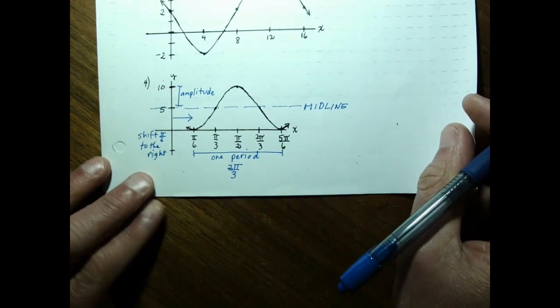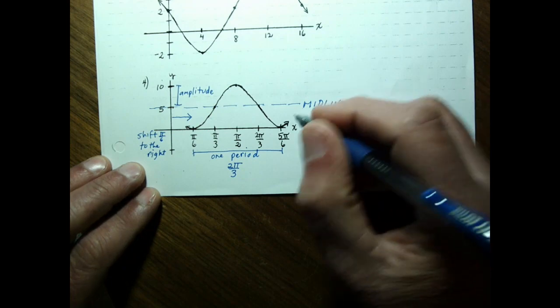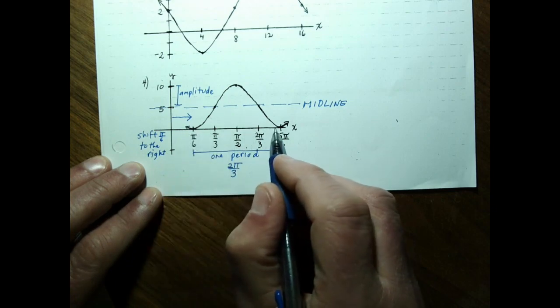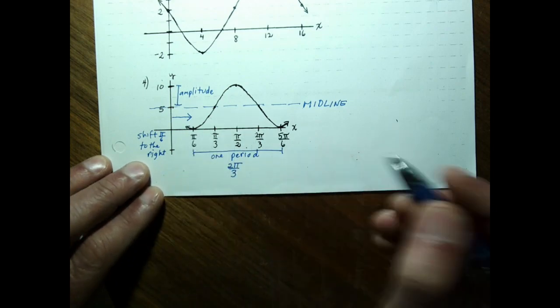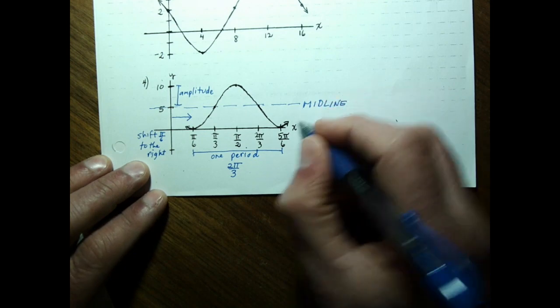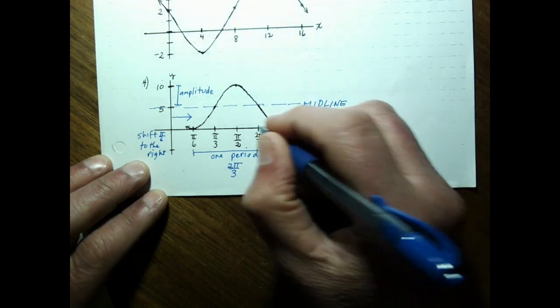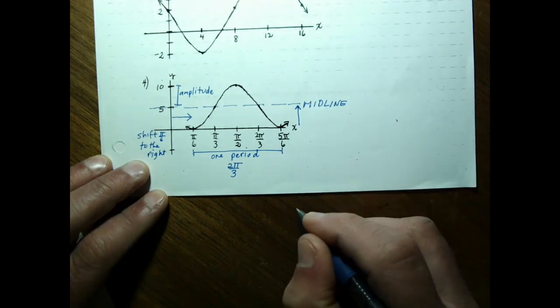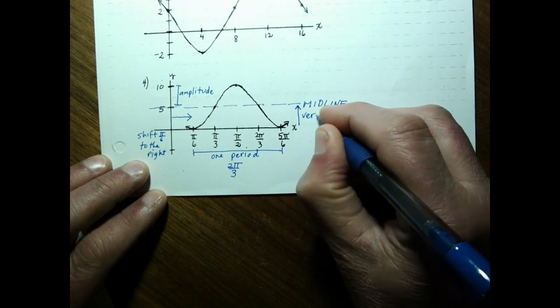It is easy to make an error because it looks like the graph is sitting right on the x-axis. But the vertical shift is a measure of where the midline has moved to. The midline starts out on the x-axis, but here it's shifted upward 5 units.